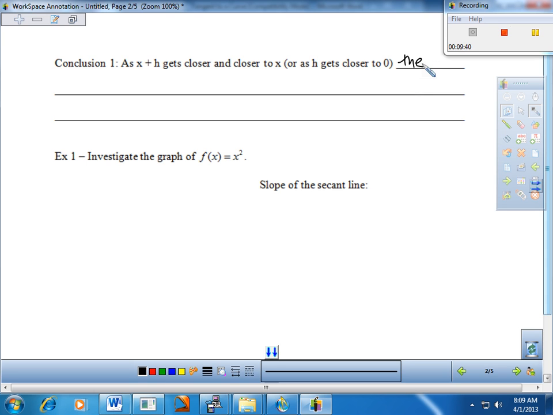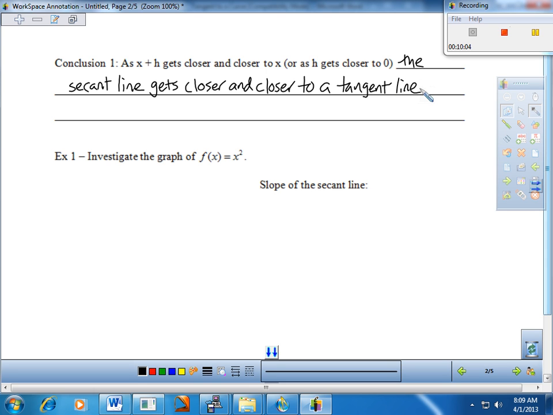The secant line, and that's what we were talking about, the slope of the secant line, gets closer and closer to what I guess we would call a tangent line.